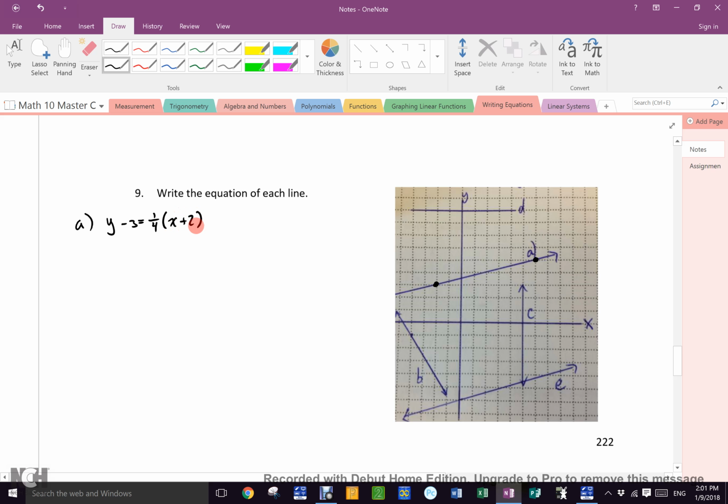Is everybody with me? Now, what if I had chosen this point here? It doesn't matter, does it? If I use this point out here, then it would just be y minus 5 equals 1/4 x minus 6.